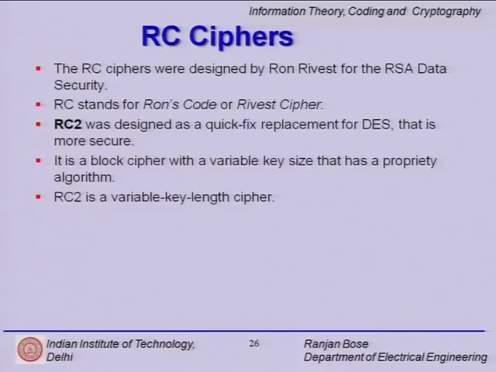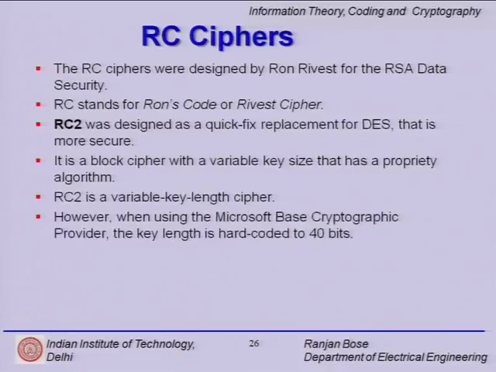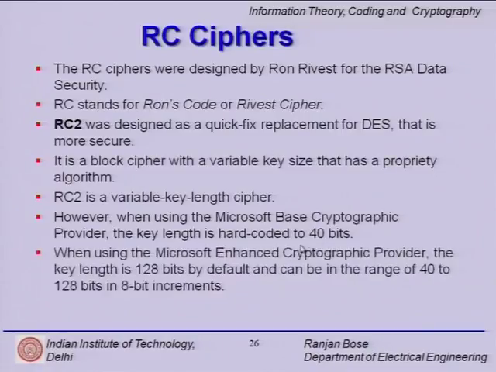RC2 is a variable key length cipher, and so it is also used in the Microsoft based cryptographic provider. The key length is 40 bits hardwired, and when using the Microsoft enhanced cryptographic provider, the key length could be put to 128 bits by default.